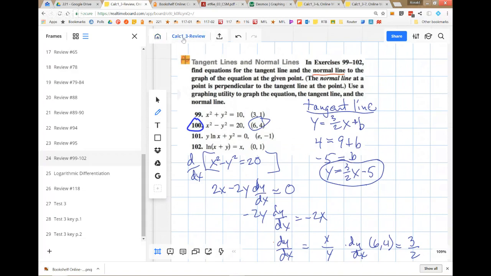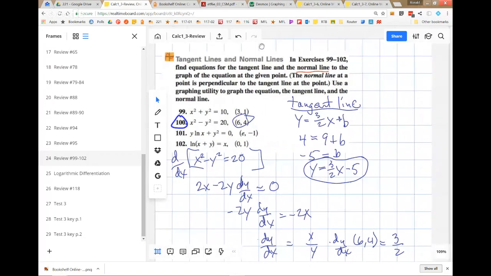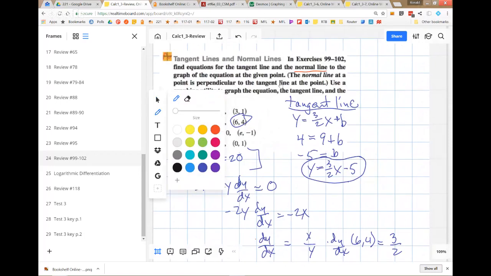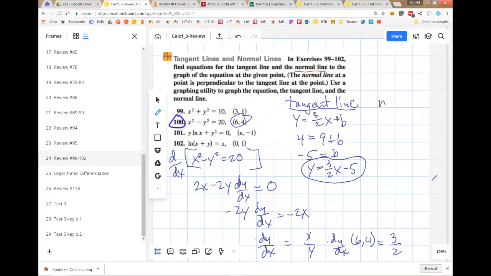Now we got to go on, and we need to do the normal line too. Remember, the normal line is perpendicular to the tangent line. So what do you know about slopes of lines? If the normal line is perpendicular to the tangent line, that means it's what?